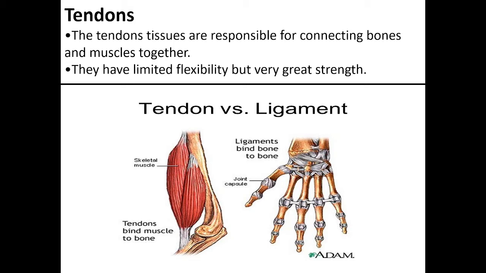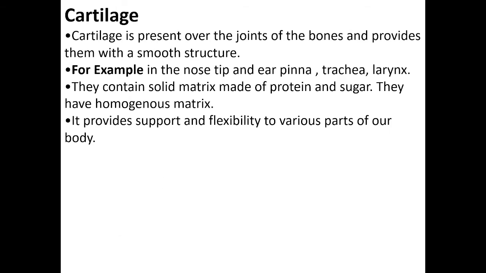Clear about this? Here too is the connection between the muscles and bones. That's why tendons and ligaments are called connective tissues. Ligaments connect bone to bone. Tendons connect bones to muscles. That's why these are connective tissues. Clear? These are small tissues, and you can remember them easily.